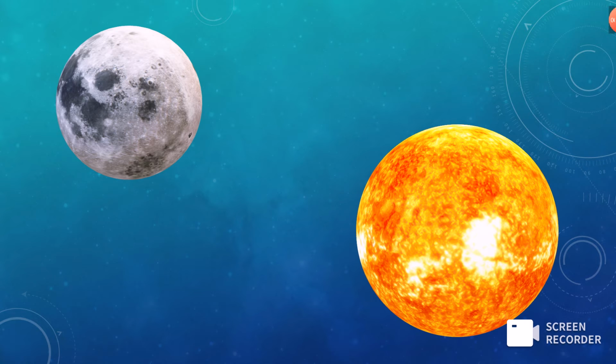Why are the moon and the planets considered as non-luminous bodies? The simple reason is that they do not produce light of their own. Instead, they reflect the light of the sun falling on them. Therefore, they are non-luminous bodies. So these are the light rays falling on the moon, and the moon will reflect back the light.